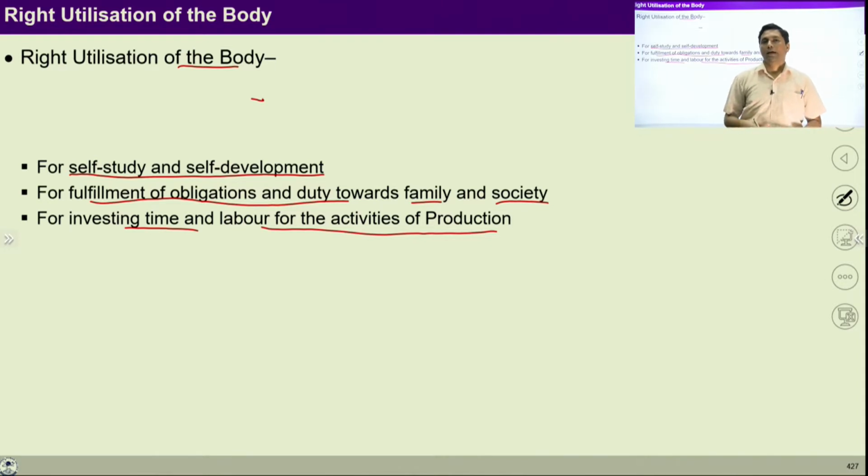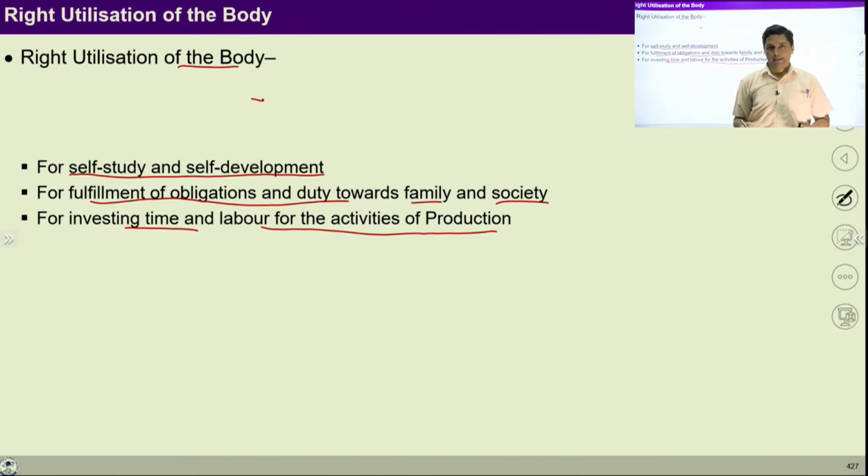I am investing my body in those places which are helpful in my development, in the growth of my consciousness, in the transformation from animal consciousness to human consciousness. So if I am using my body for self-study and self-development, it means I am rightly utilizing my body.